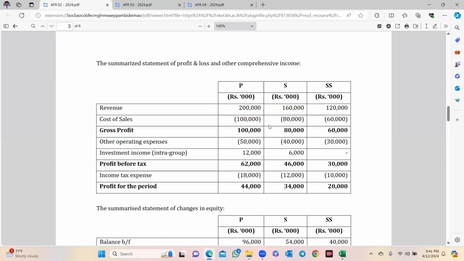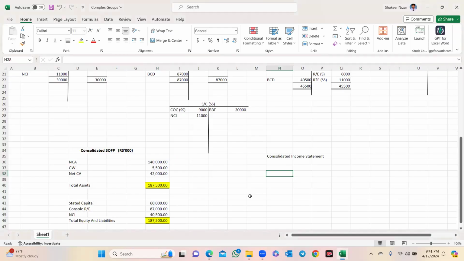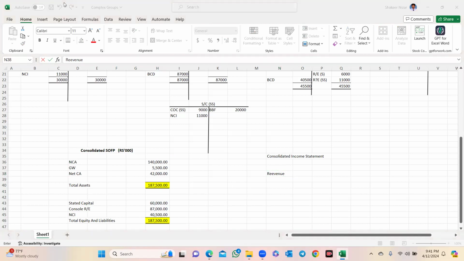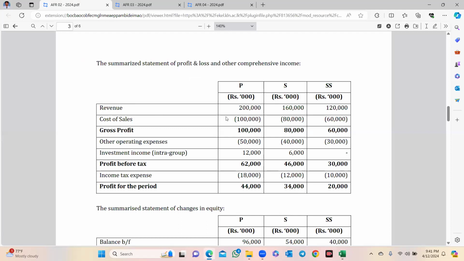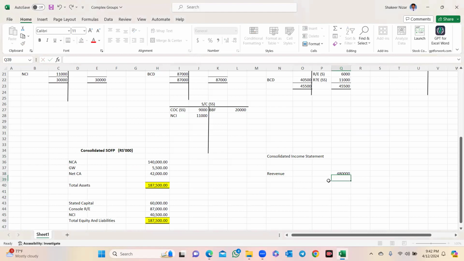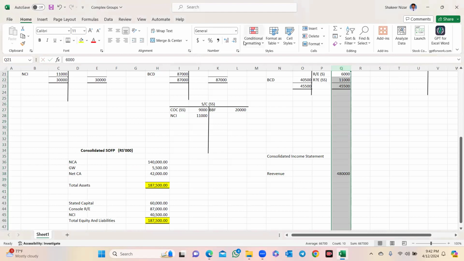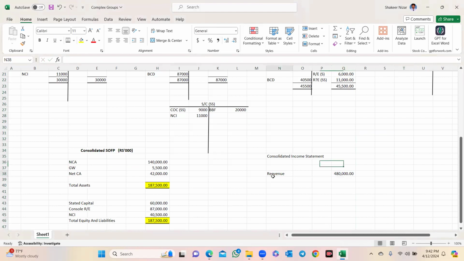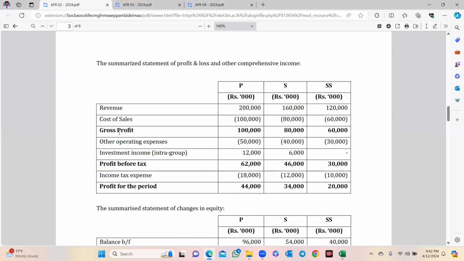Revenue figures: we have 200,000, 160,000, 120,000. Together it is 480,000 revenue. Again we have cost of sales.